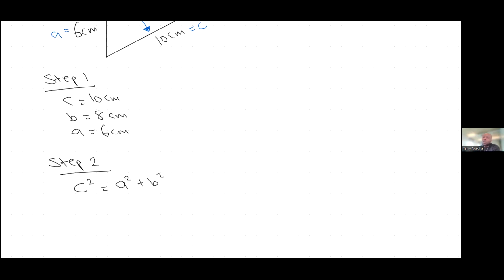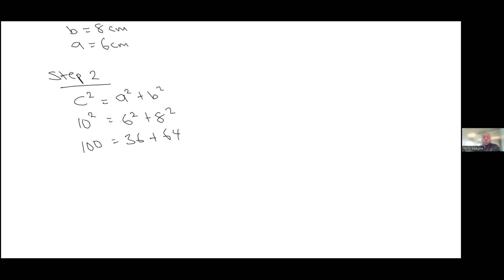So let's go. C here was 10 squared. And this will equal A, 6 squared, plus 8 squared. 6 squared is 36, plus 8 squared is 64. And 10 squared is 100. If you look at it closely, when I add 64 plus 36, that will give me 100, which is exactly the same thing as C squared.